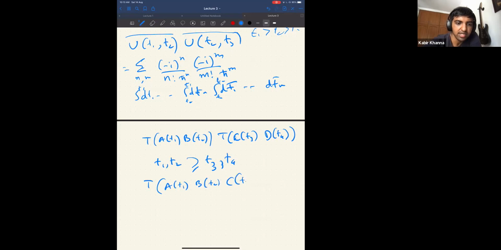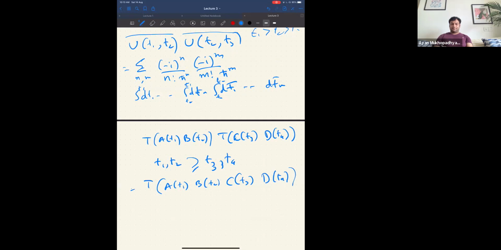No, sir, but let's say in T1, T2, the time ordering function can give A, B or B, A based on whether T1 is greater than T2 or T2 is greater than T1. It doesn't matter. T1, T2, T3, T4 are specific numbers, so the time ordering symbol will automatically order them according to the order of time.